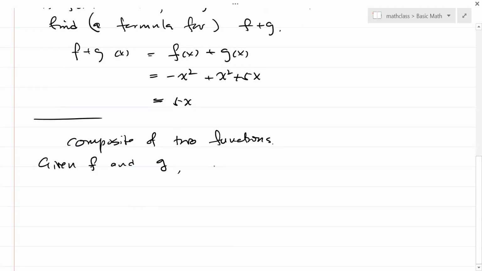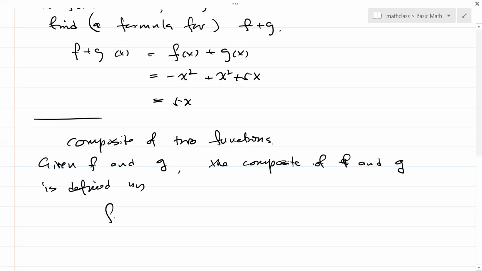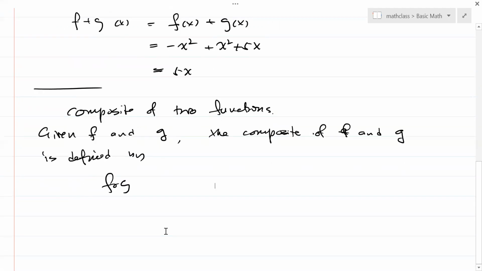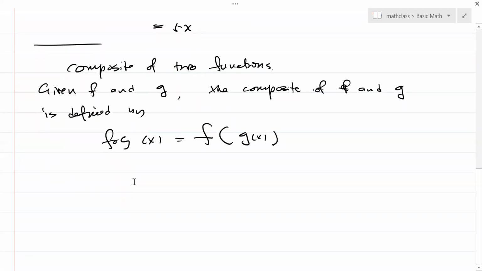The composite of f and g is defined by f circle g. That is given by the following formula. First of all, you evaluate g of x, then you put it inside f.